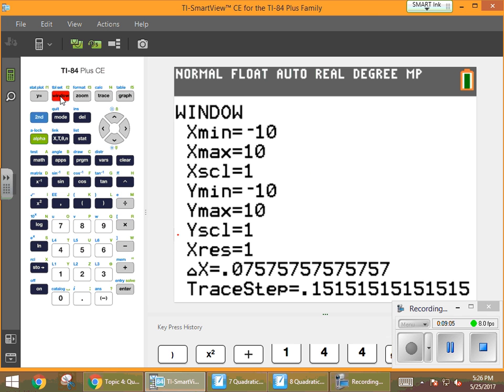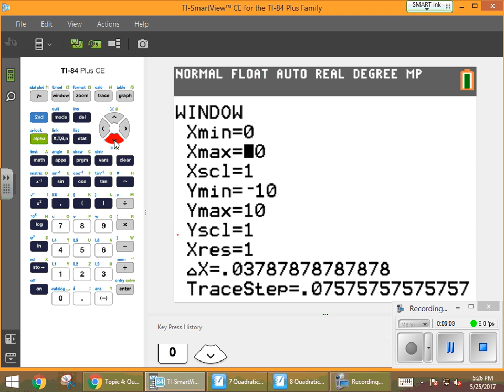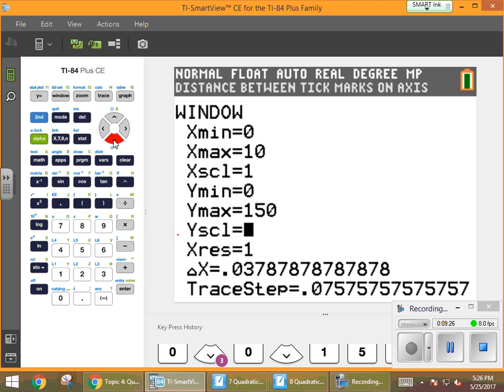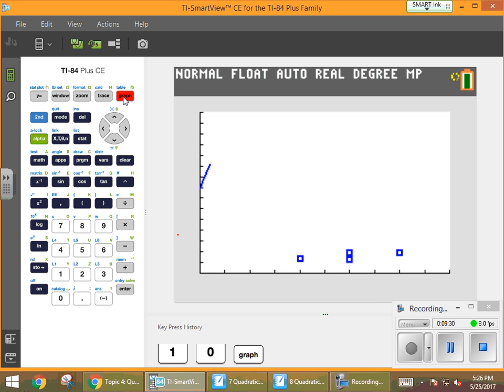We said our x minimum was 0, and we're going to go up to 10 and go by ones. Now my y minimum, again, I'm starting at 0, but we said go up to 150. Again, remember, when I look here, my scale goes up to 150, and it's being counted by tens. So my y scale is 10. This time, when I hit graph, I can see the entire graph.